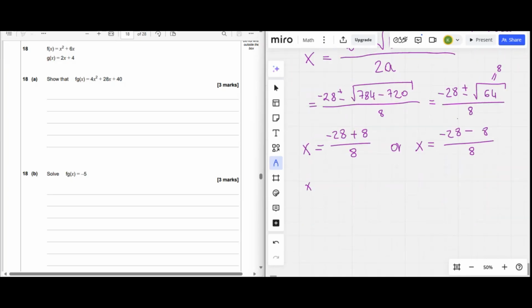From the first one, minus 28 plus 8 is minus 20 over 8. And another one is minus 36 over 8.